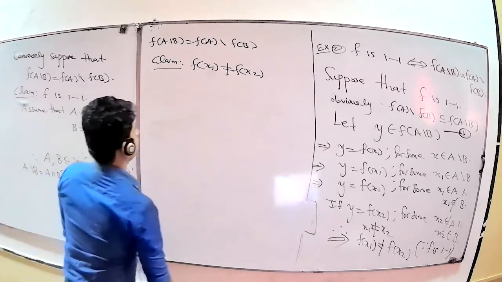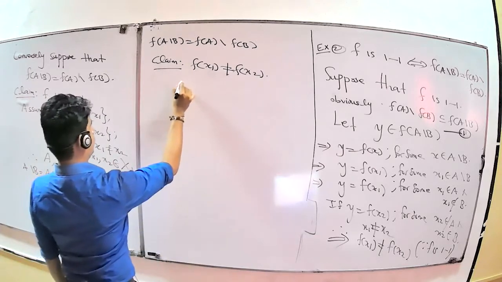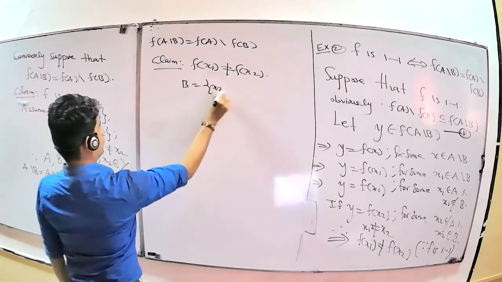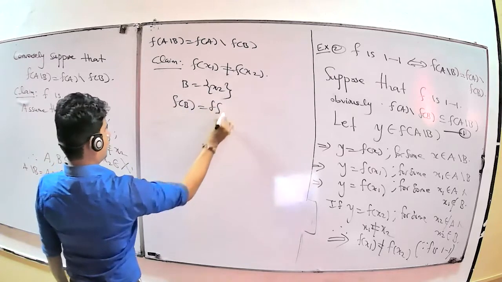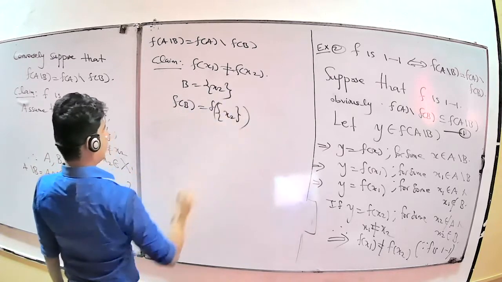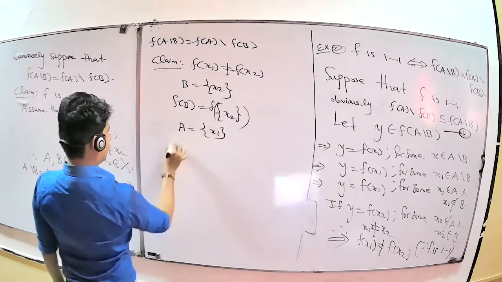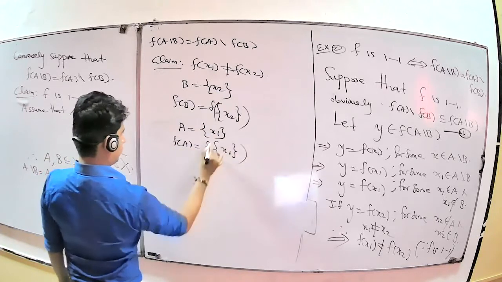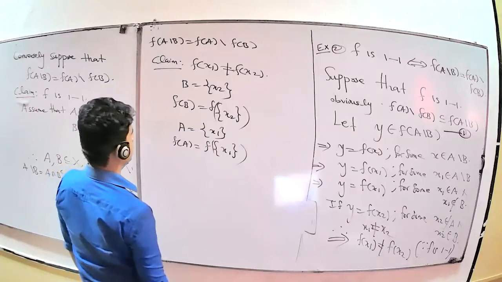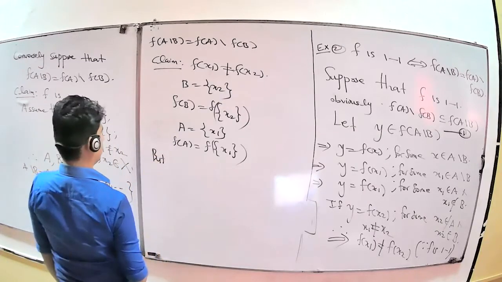Right? Suppose here S2 belongs to B, no? You have B equal S2. Therefore, what is the f of B? F of B equals f of x2, right? And you have A equal to x1. Therefore, f of A equals f of x1, right?